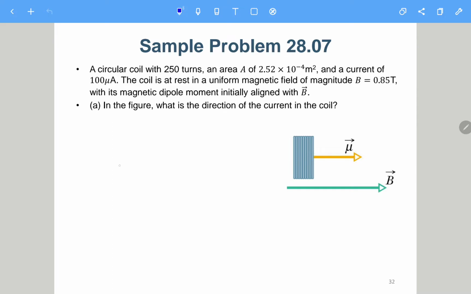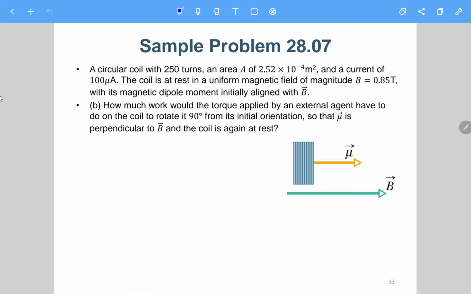In this case, the current should be something like this, because the mu points to the right side. So I should be somehow like that. It is pointing downward for the face closest to us, and then pointing upward for the face inside. Okay, so this is simple.